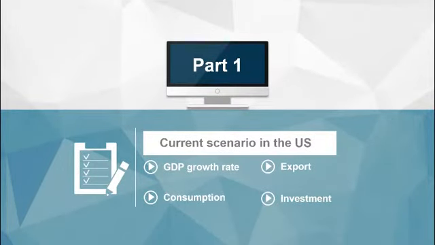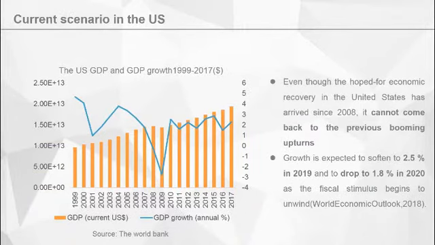Alright, now let's go to part 1. Part 1 is the current scenario in the US. It contains the GDP growth rate, the export, the consumption, and the investment, which are 3 main motivations for a country's economy. As you can see from this chart, it is very clear that the financial crisis in 2008 cast a cloud on the American economy.